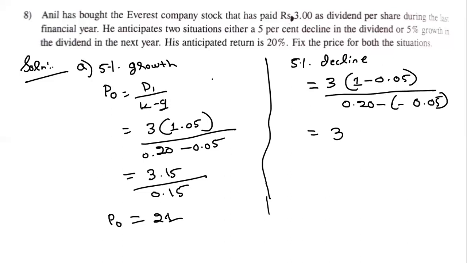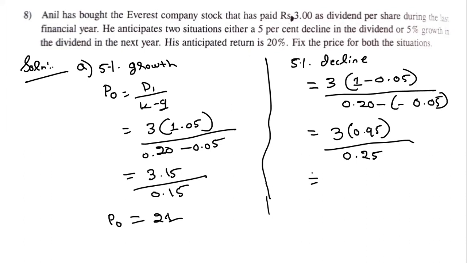If you see both the minus signs, 0.20 plus 0.05 will be 0.25.